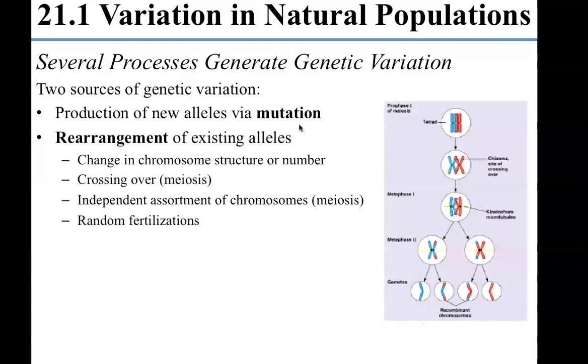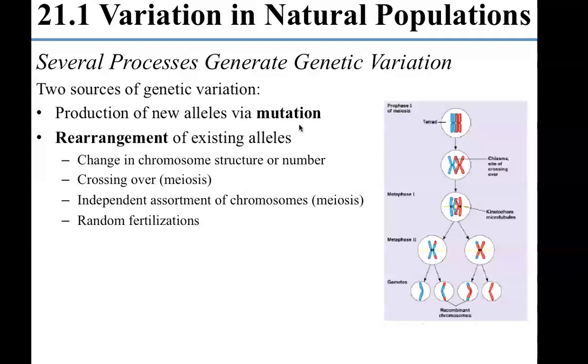And if you change the amino acids, then you're going to change the protein that's produced. If you change the protein that's produced, it's going to result in different characteristics, and that's the source of your variation. All right, so mutations change DNA, and that's where any changes or any variation begins in a population.